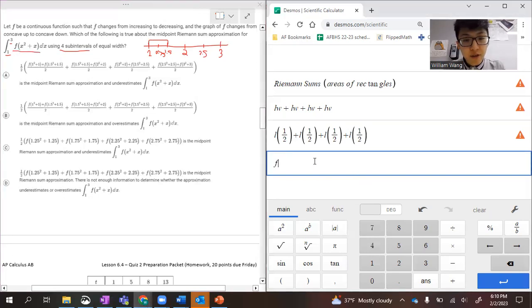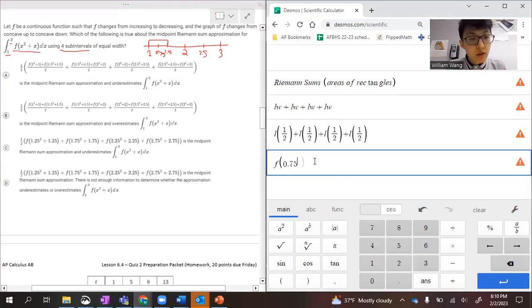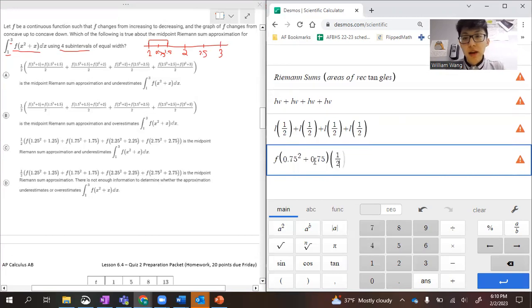So it's going to be f of 0.75 squared plus 0.75 times 1/2. All right, times 1/2 plus the next rectangle, which would be the next midpoint, right? Between 1.5 and 2.